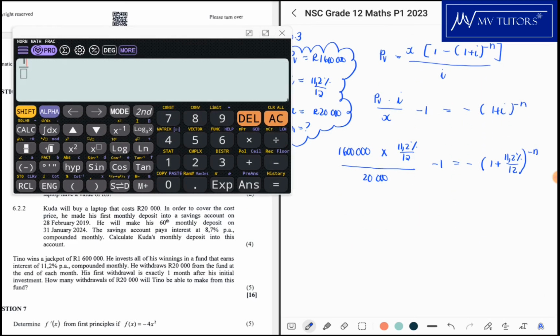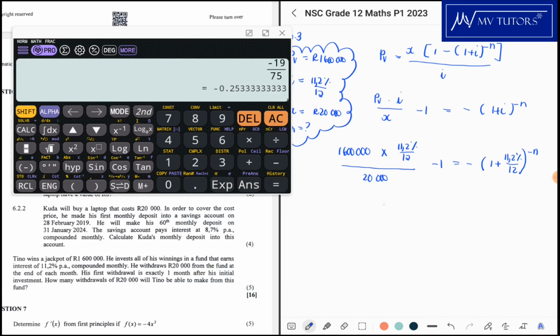Okay, let's just calculate. So we have 1,600,000 multiplied by 11.2%, divided by 12, all over 20,000, and minus 1.